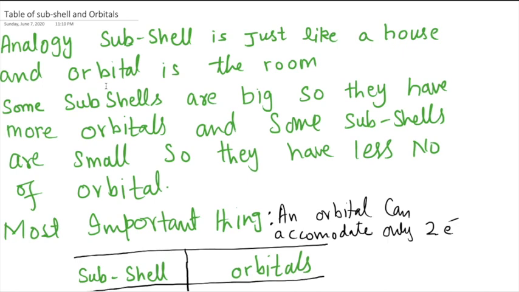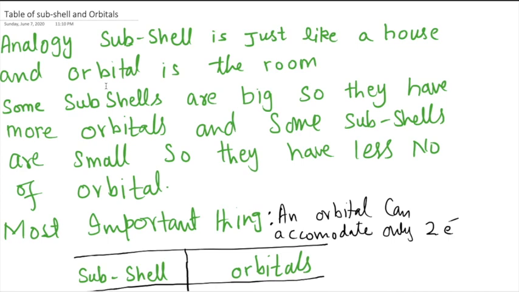Just like a house, some houses are very big, so a big house has more rooms, and small houses have fewer rooms. Similarly, some subshells are big, so they have more orbitals, and some subshells are small, so they have fewer orbitals.